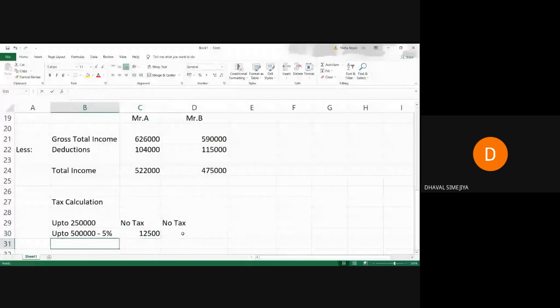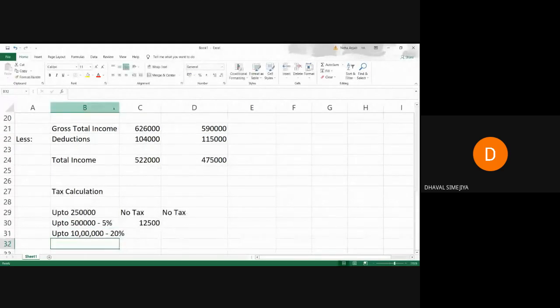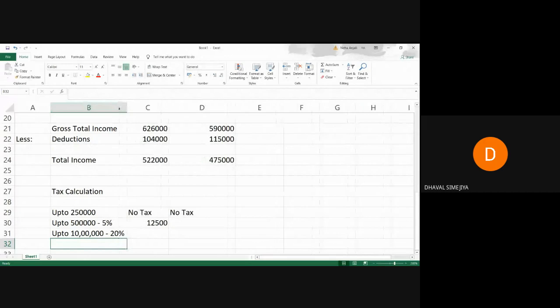And up to 10 lakh rupees, the slab will be 20%. That we have discussed in the last lecture. That up to 10 lakh it is 20%. Up to 2,50,000 no tax, if income is more than 2,50,000 but up to 5 lakh, 5%.